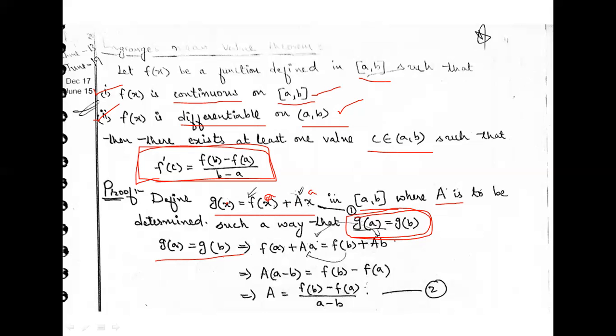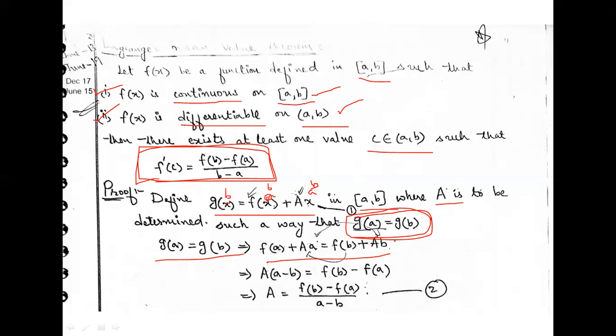Similarly, instead of g of b, substitute b: f of b plus capital A small b. So you will get this equation: f of a plus capital A small a is equal to f of b plus capital A small b.